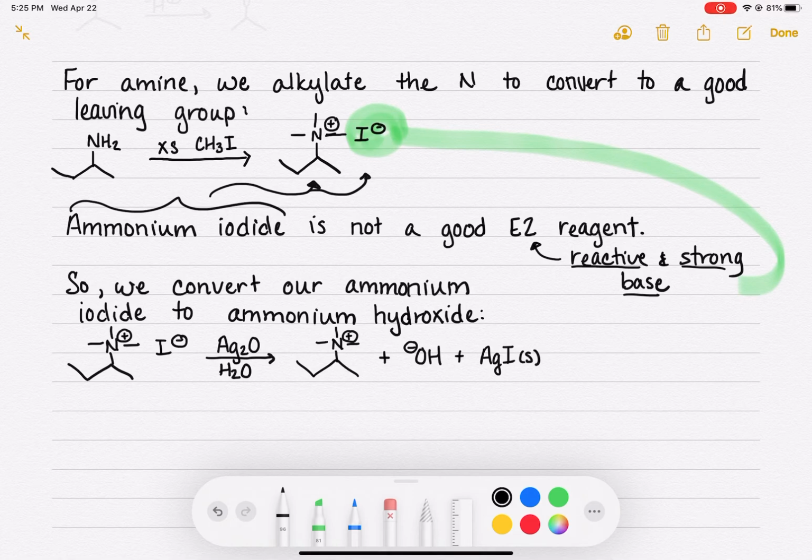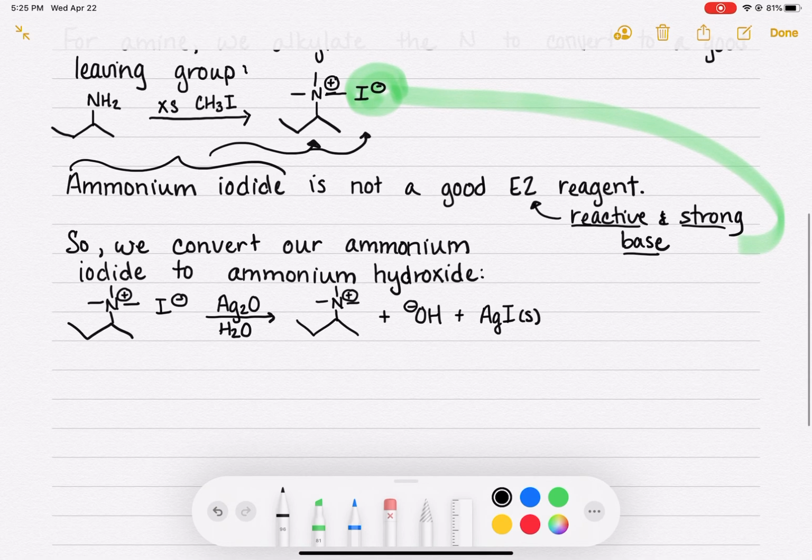So that silver cation from Ag2O is going to precipitate out the iodide ion, and that initiates another reaction that generates hydroxide ion. And as you know, hydroxide is a great base. So this is a great E2 reagent. And now we are totally ready to go.